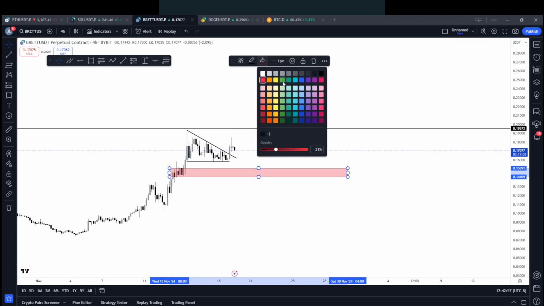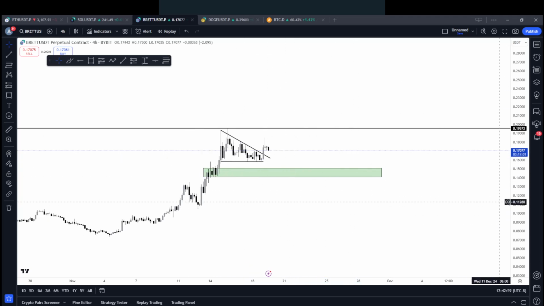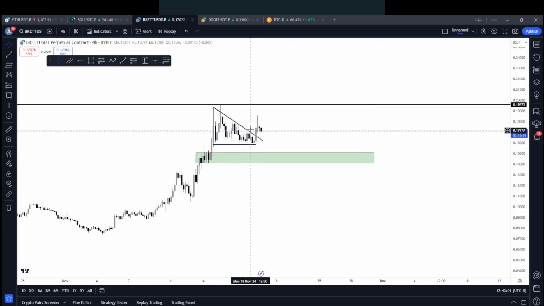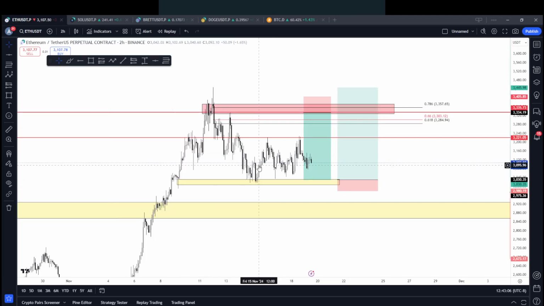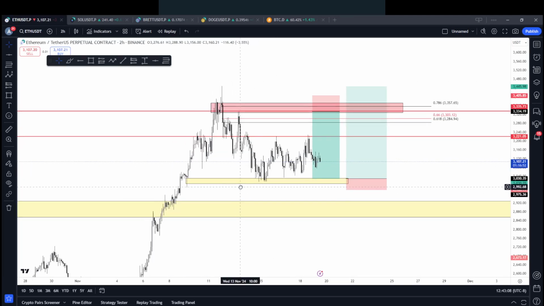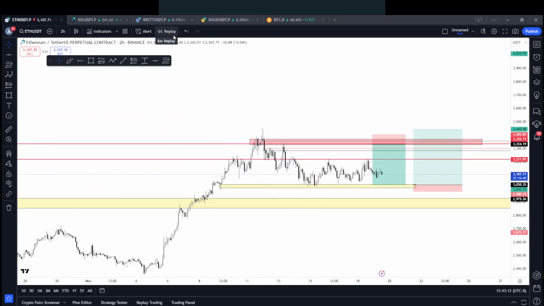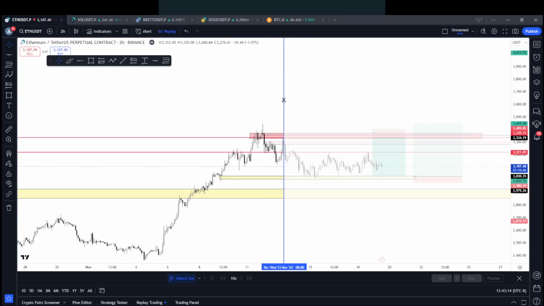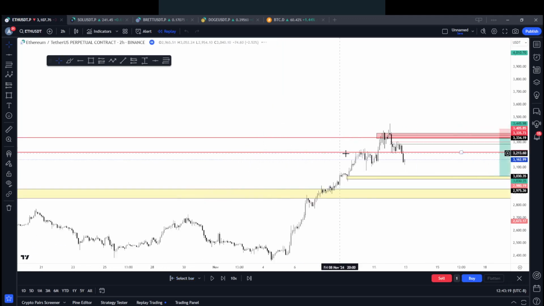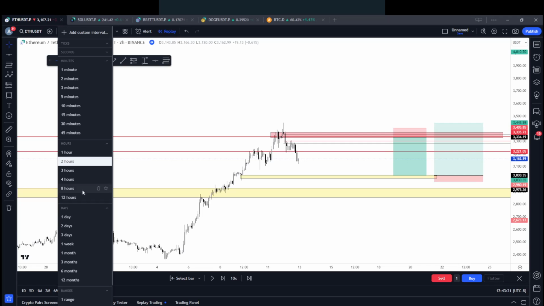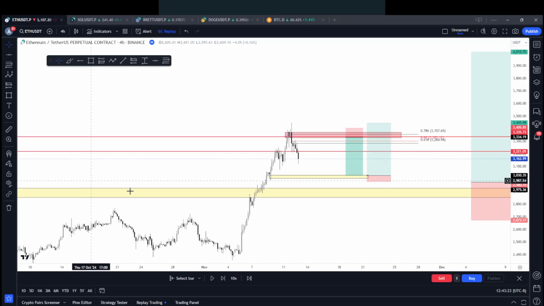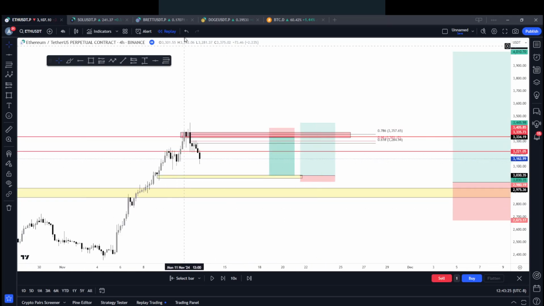Okay. Demand zone, right? This can come here, put something like this. Was it the 4 hour? Yeah. So you see how we have a move up with the demand zone, right?